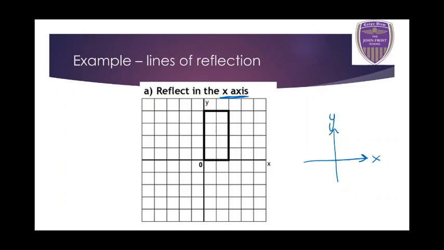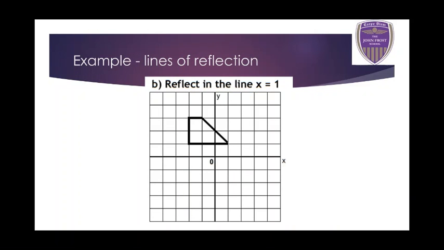So if I want to reflect a shape in the x-axis, first I have to draw the line of symmetry, which will be exactly along the x-axis in this case, okay? So pause the video and draw this line of reflection on your first shape. Okay, let's have a look at the next example.